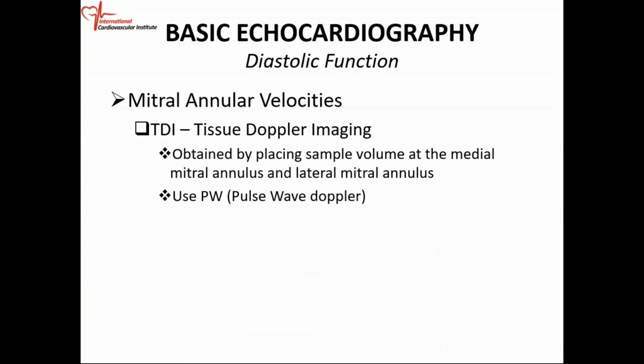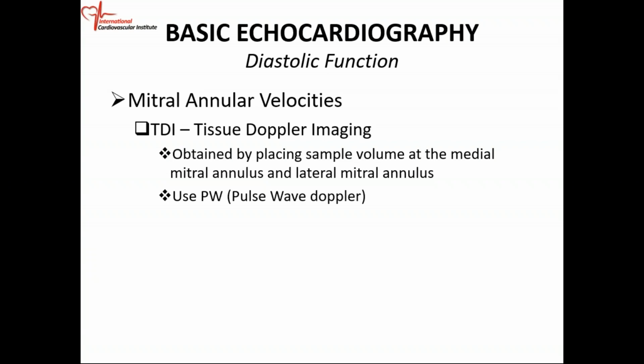All right, as we pointed out before, we can look at the mitral annulus, and the mitral annular movement gives us important information in terms of diastolic function and dysfunction. Again, in systole, the base of the heart moves up towards the apex. In diastole, the base of the heart moves away from the apex.